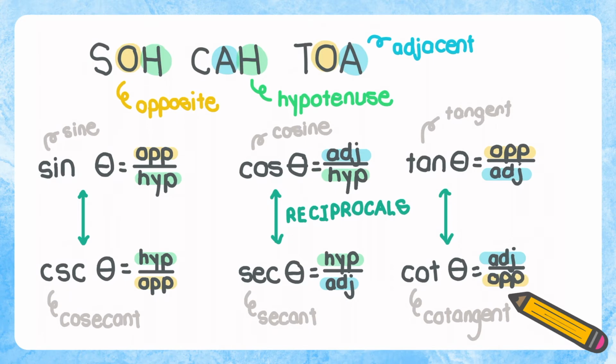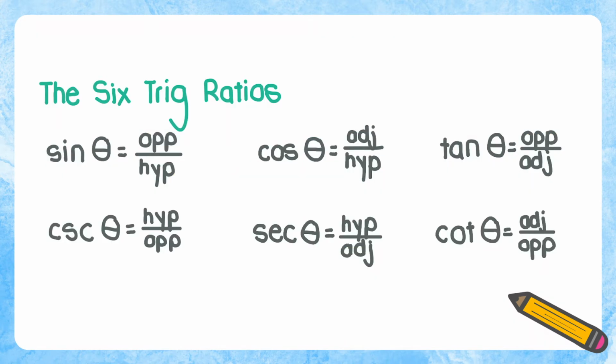So here are the 6 trig ratios that we'll be looking at. And here's the same list of the 6 trig ratios. It's just with less arrows and stuff. So maybe this is a little easier to see. So notice how sine and cosecant are pairs in a sense, cosine and secant are pairs, and tangent and cotangent are pairs.